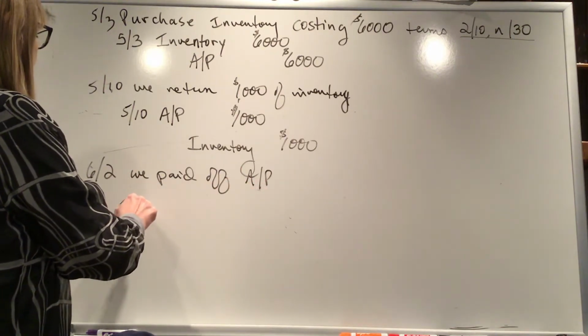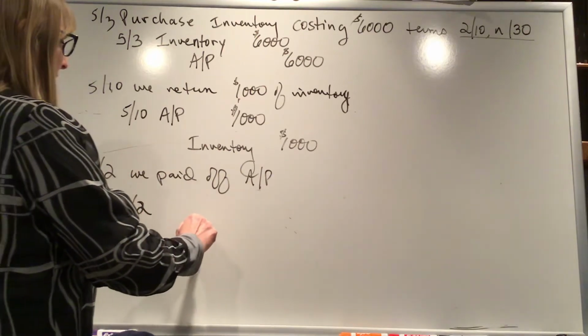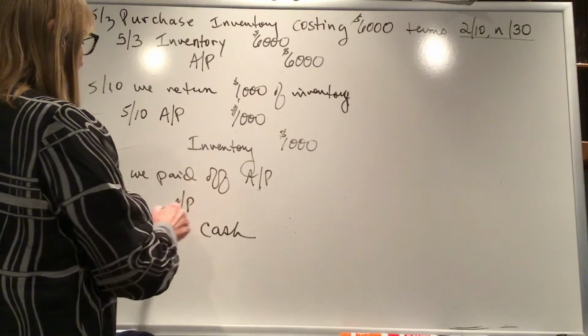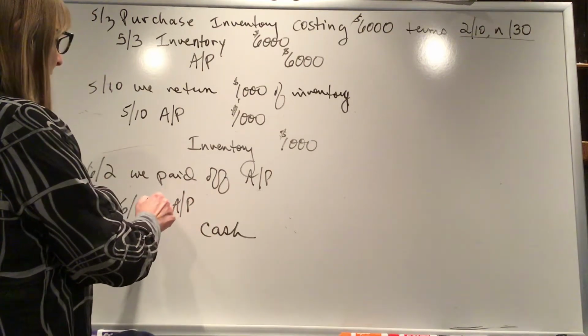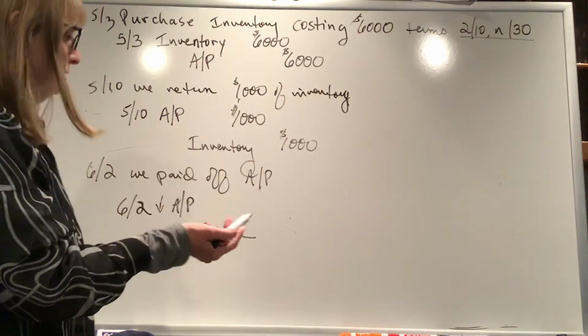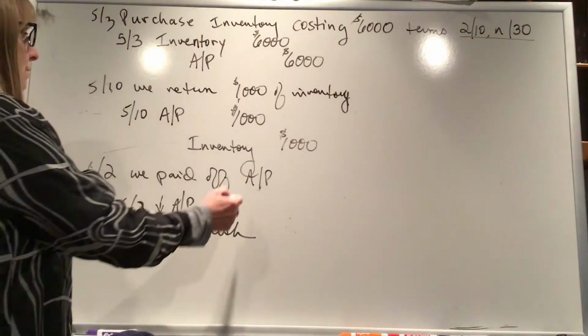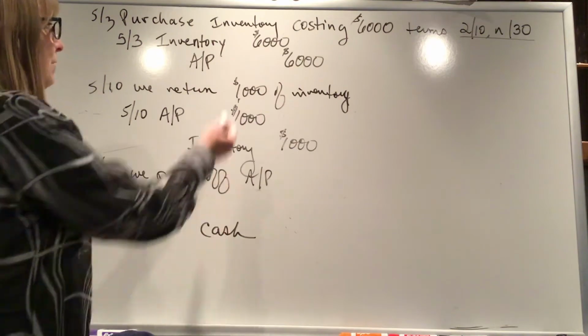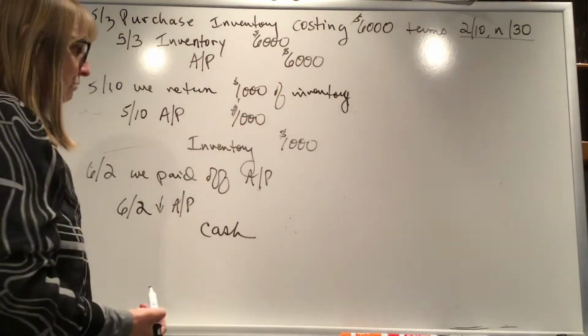We're just paying cash out, so cash is credited, and we're going to debit the accounts payable. Remember, this is a liability, so this is making our liability go down, we owe less money. So now we just have to figure out how much do we still owe. We're not going to pay the whole 6,000 because we have this return.